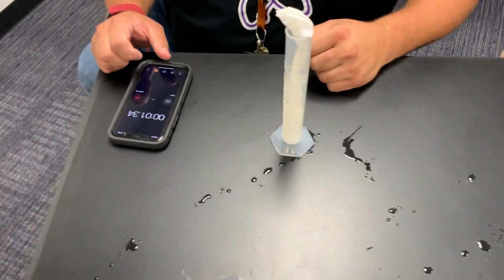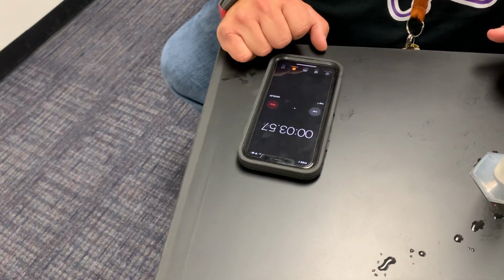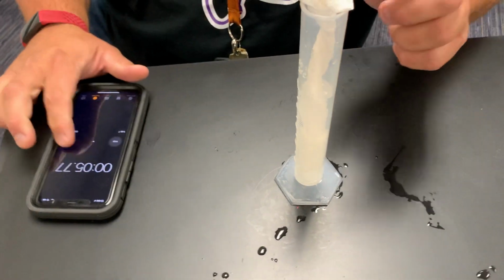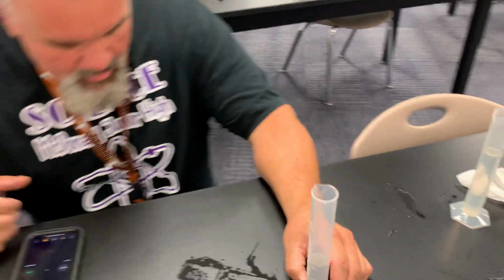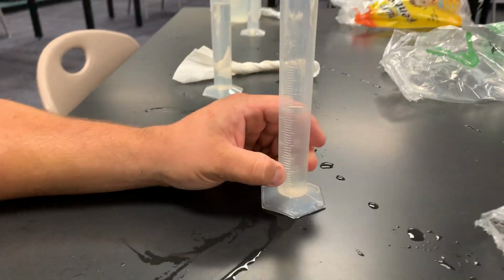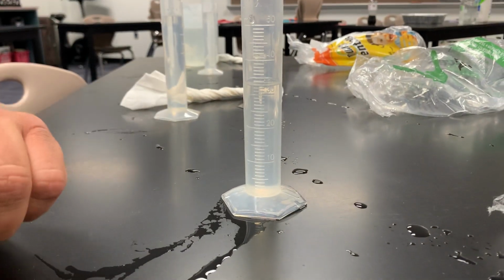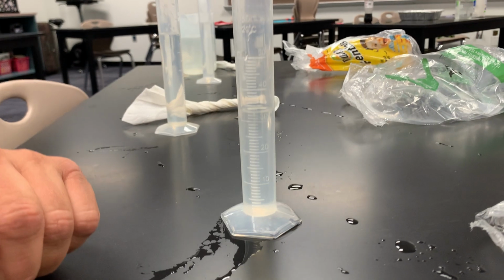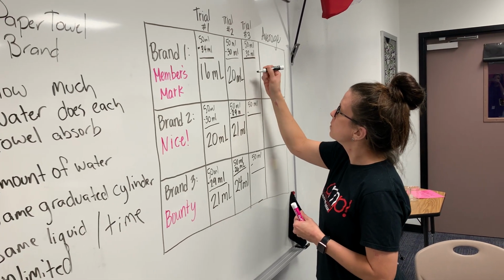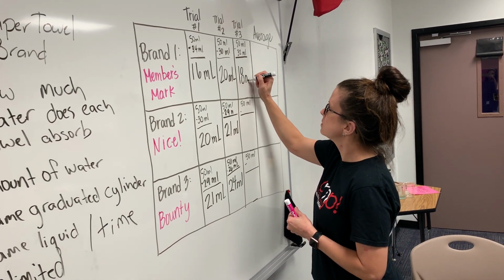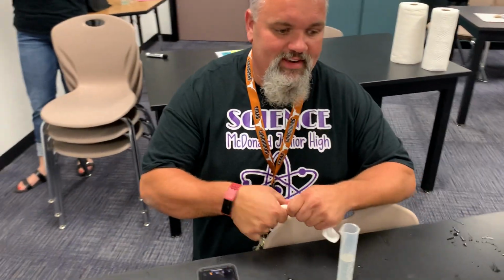Start. 1, 2, 3, 4, 5. This one came down to the 32 milliliters. So 50 minus 32. That means it absorbed 18 milliliters. Alrighty, so now to the Nice brand.